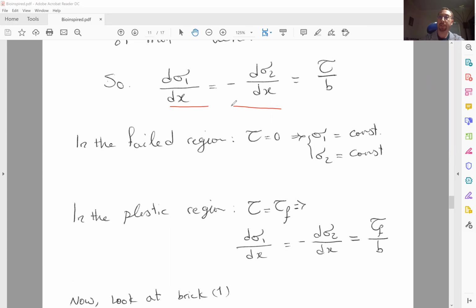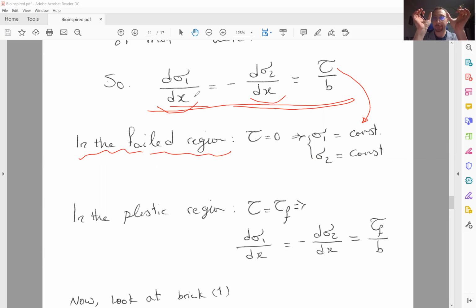The equilibrium equations, exactly the way we derived them a few lectures ago, are still there. That gives us some good understanding, because, for instance, in the regions where the interface has failed, tau is zero. If I put tau equal to zero here, that means these two are zero, which means sigma 1 and sigma 2 are constants in the failed regions.